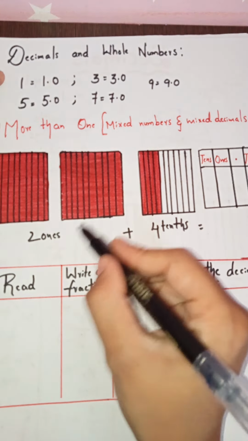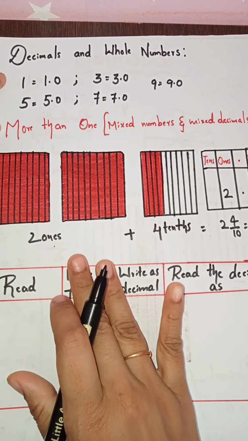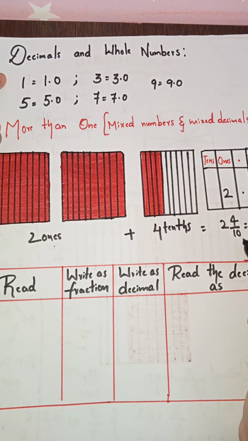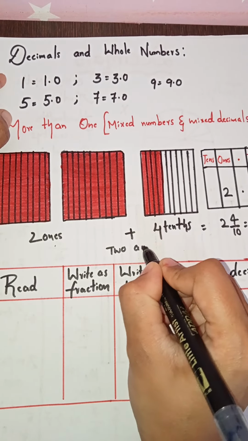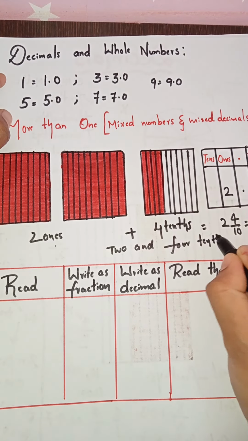How many ones? 2 ones, point, how many tenths? 4 tenths, which is 2 4/10 or 2.4. We can use this mixed decimal to name a mixed number. 2 4/10 and 2.4 are both read as 2 and 4 tenths.